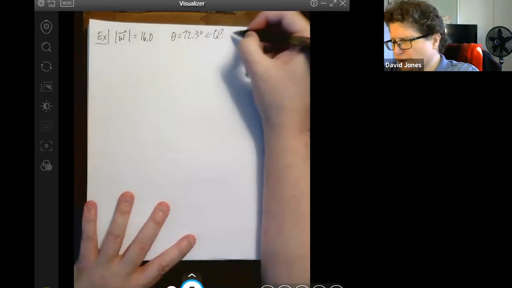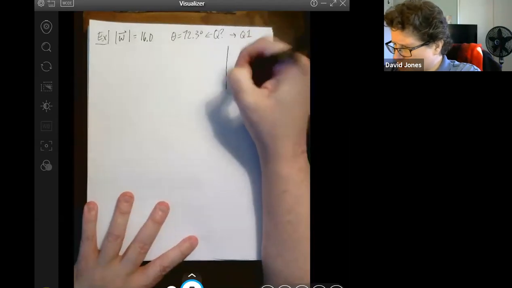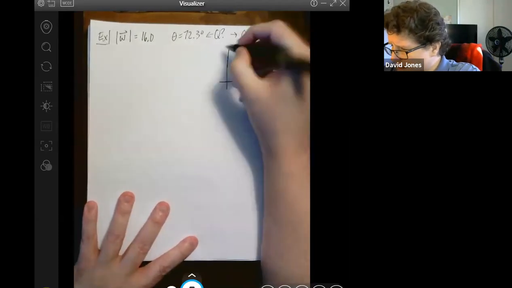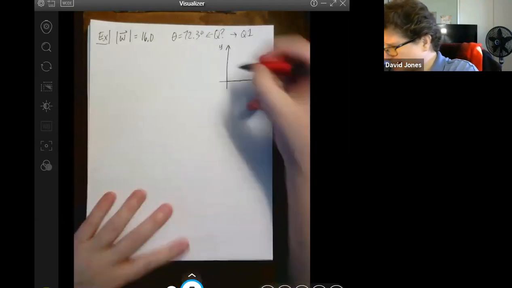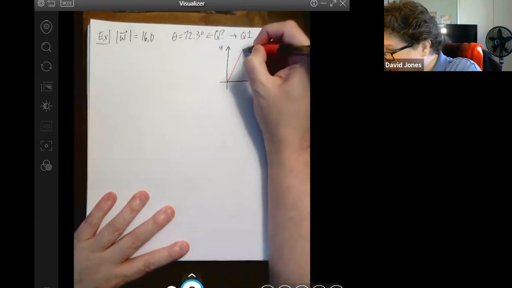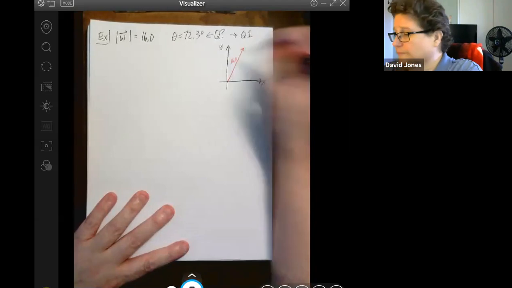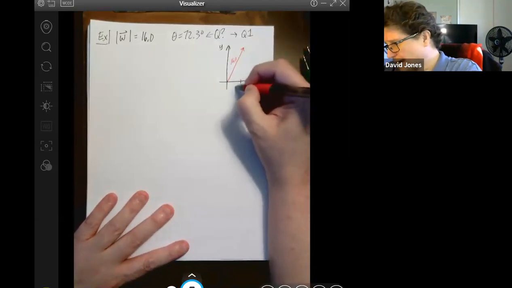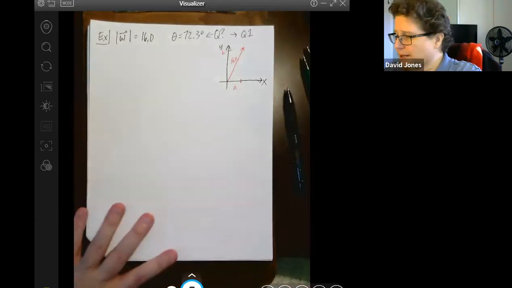It's between 0 and 90. This is quadrant 1. So our picture is kind of steep. 72 degrees is kind of steep. And this has a length of 16.0. We're looking for A and B. It looks like B is going to be bigger than A.